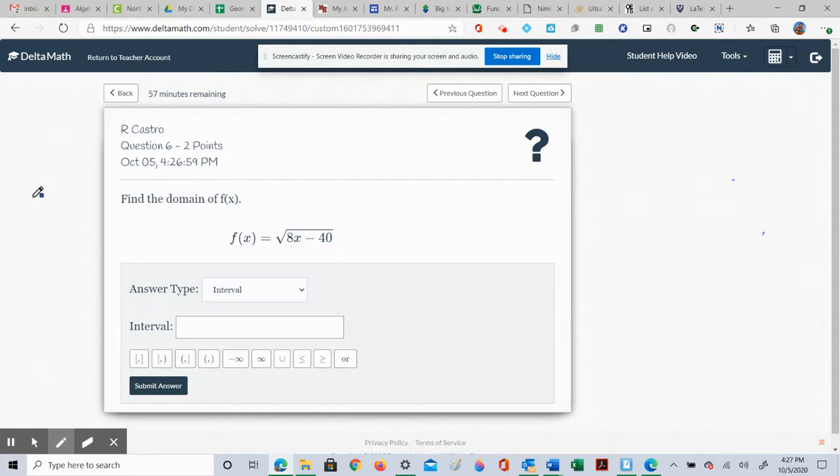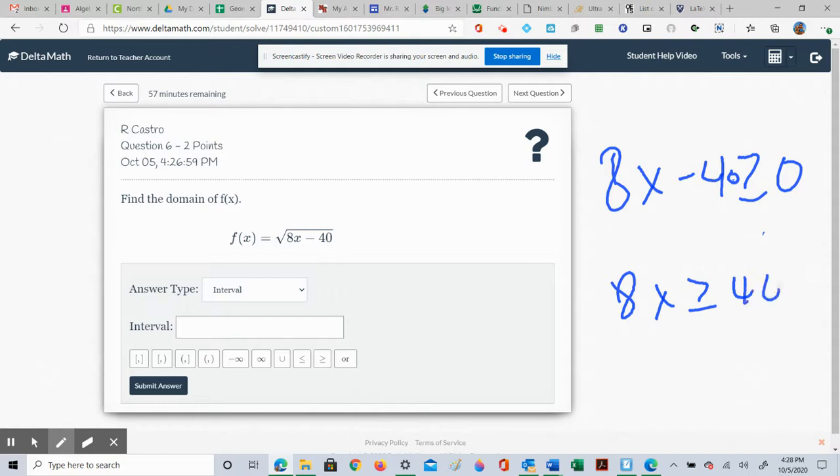So 8x minus 40 is greater than or equal to 0. 8x, that should have been a 40 in there, is greater than or equal to 40. Divide by 8. X is greater than or equal to 5. That's what you put in here.